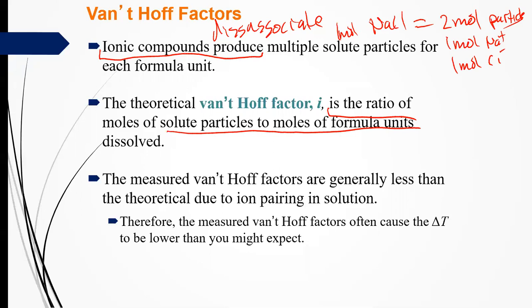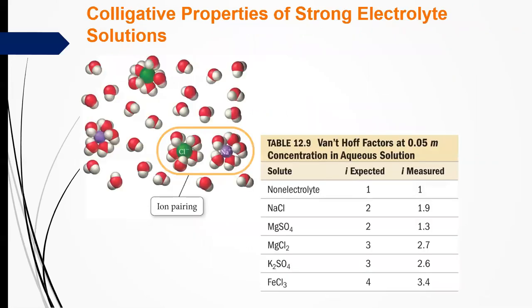Now, in reality, it doesn't quite match up that way. We don't see a doubling from adding those in. But you can see here that for a non-electrolyte, what we put in is what we measure, right? Because it doesn't break apart, it only dissolves, so the molecules stay together. But when we put in something like NaCl, NaCl makes 2 ions, and so we would expect to see something similar to 2.